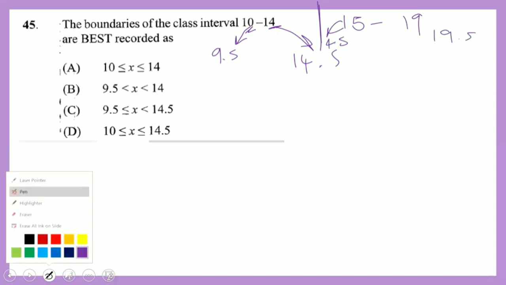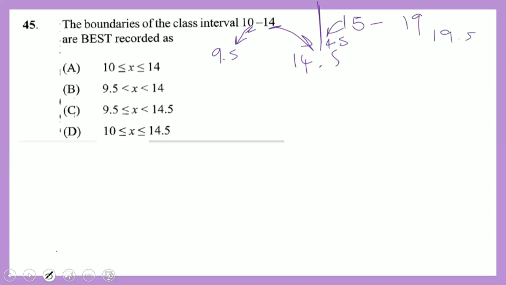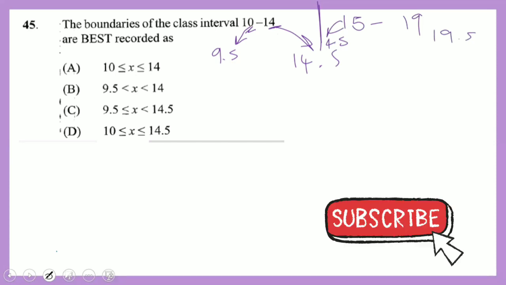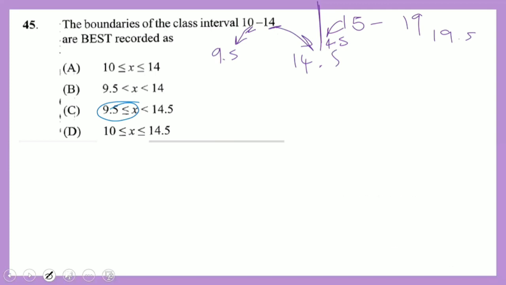So watch this now. To best represent the boundaries for the class interval 10 to 14, we would say it starts from 9.5, so x is greater than or equal to 9.5, and less than 14.5. It's just below 14.5, because the next class interval is going to start exactly at 14.5 and go up.